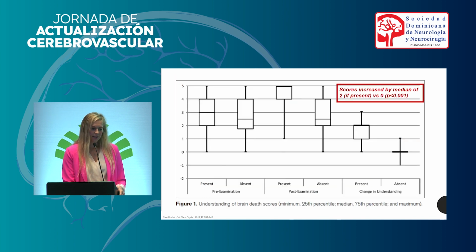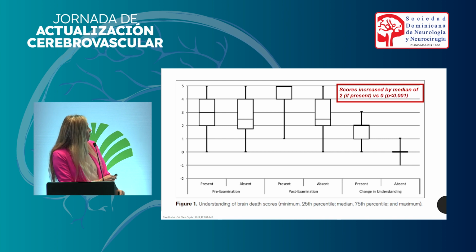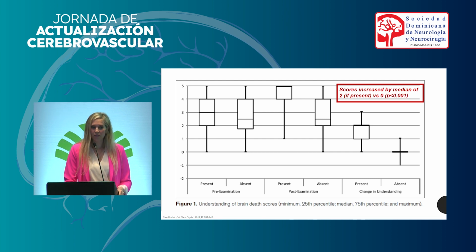What they found is that family members who were present had a significant increase in understanding what brain death was. Before, the groups scored about the same on this test, but for the people who were present, their score significantly increased. What I also found interesting is that they followed up with these families at 30 days and 90 days, and there was no PTSD, no trauma, and no other emotional issues that came out of being at the bedside.